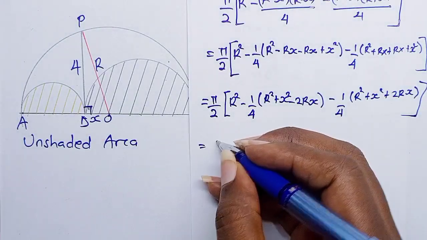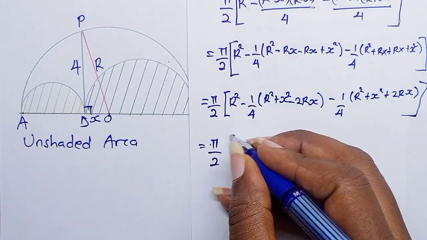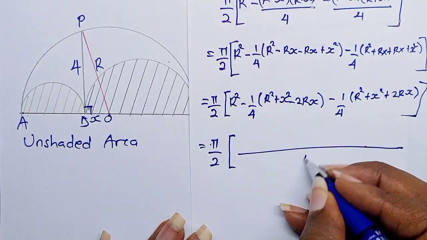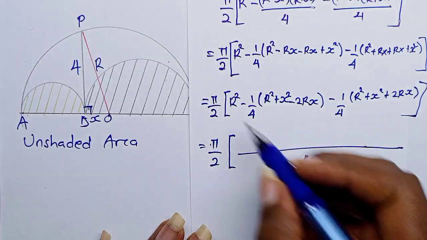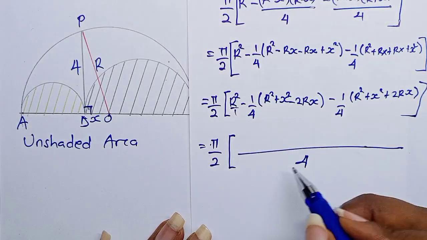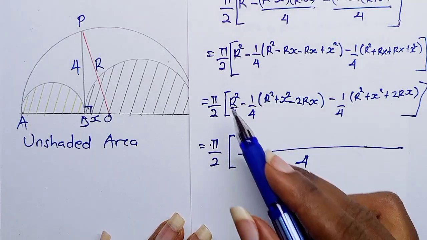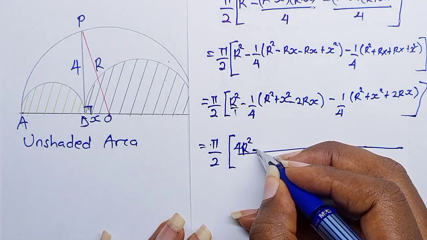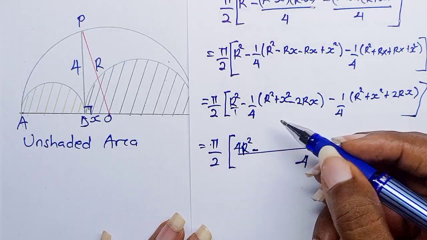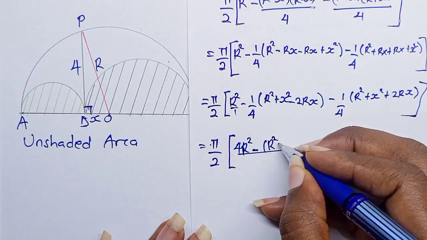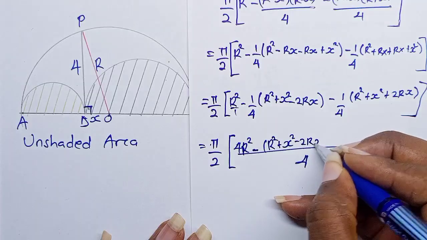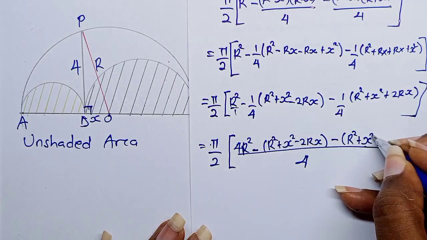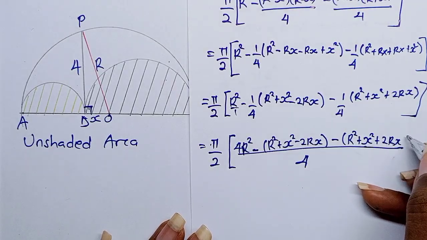So this is equal to pi over 2 into, here the LCM is 4, so it's over 4. 4 divided by 1 is 4, 4 times R squared, we shall get 4R squared minus, 4 by 4 is 1, so it remains R squared plus X squared minus 2RX, then minus R squared plus X squared plus 2RX.